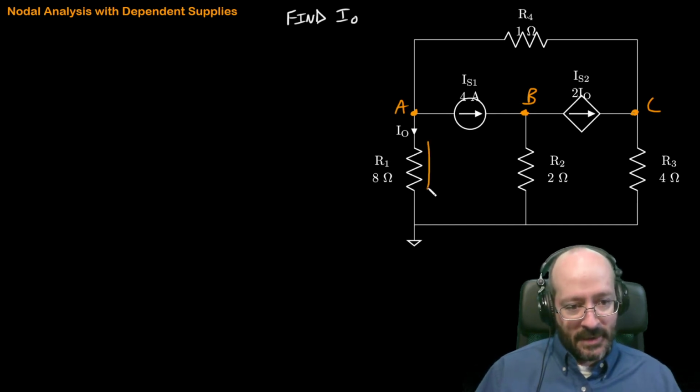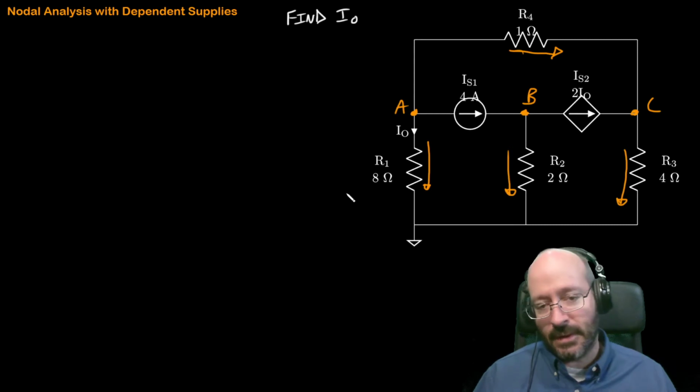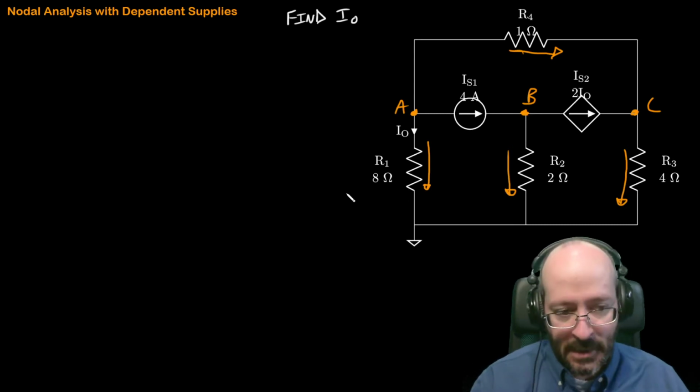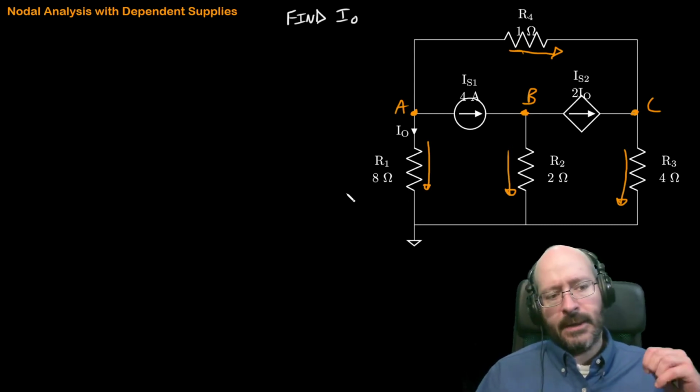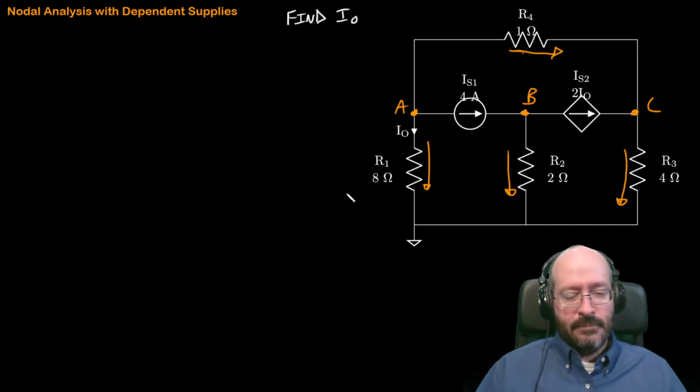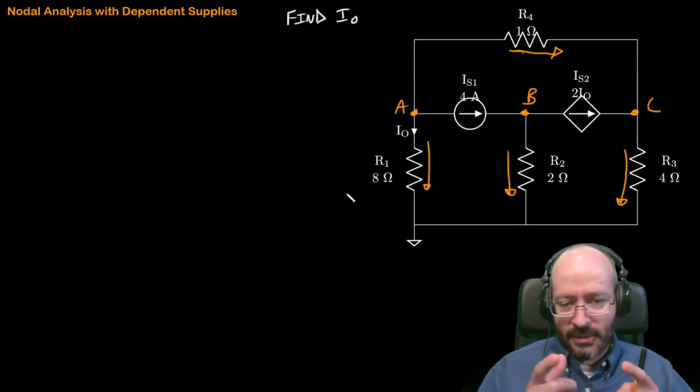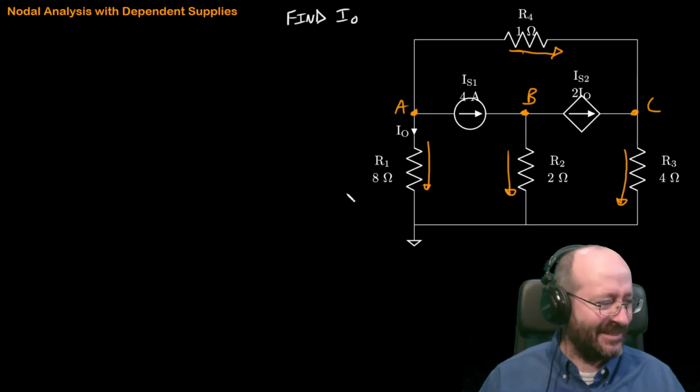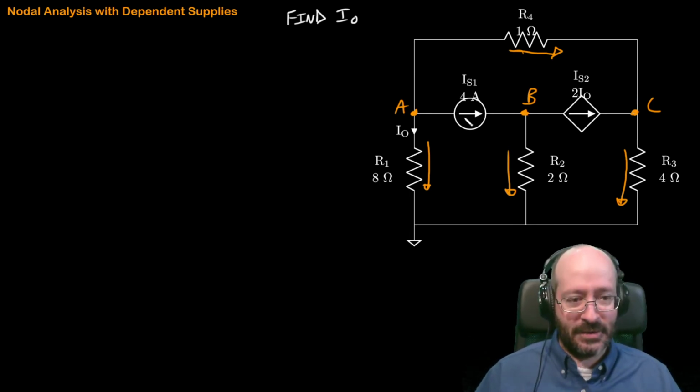Passive components get an arbitrary current direction. Okay, so I'm going to pick those current directions, and that's what I'm going to use to get my signs correct. Okay, are there any voltage supplies? No, there aren't. Okay, so that's a question I usually ask you and make you struggle to respond. There are no voltage supplies.